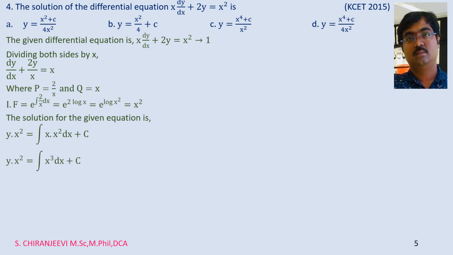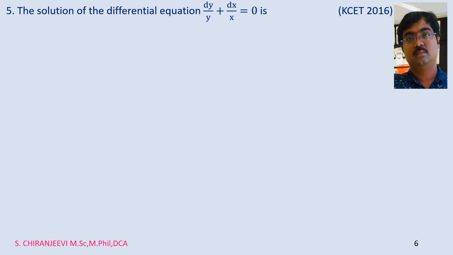Y into x square equal to integral x cube dx plus c, which is x power 4 by 4 plus c. Now dividing by x square, y equal to x square by 4 plus c into x power minus 2. Taking LCM, it will be in the form of (x power 4 plus c) whole divided by 4x square.